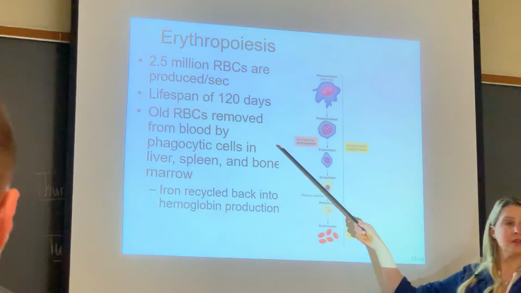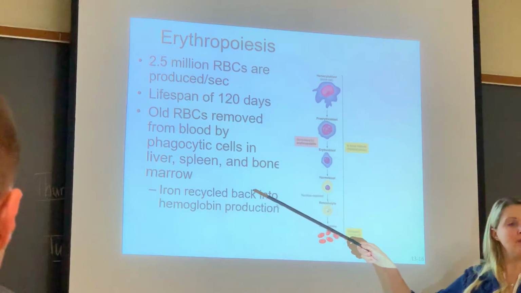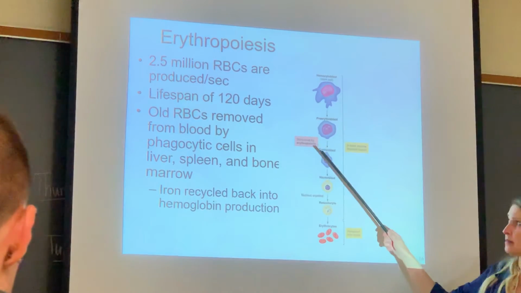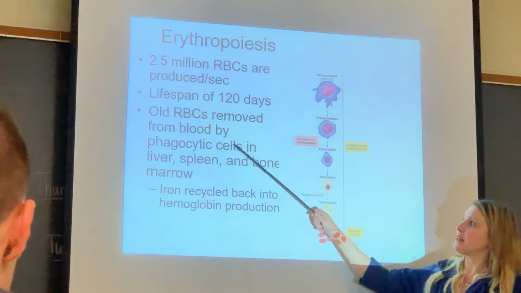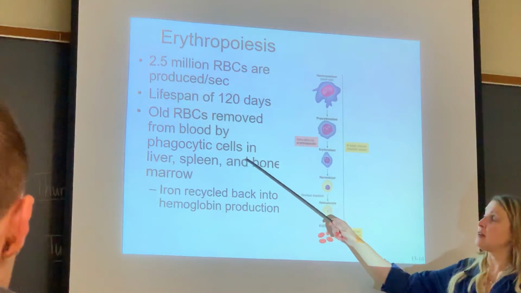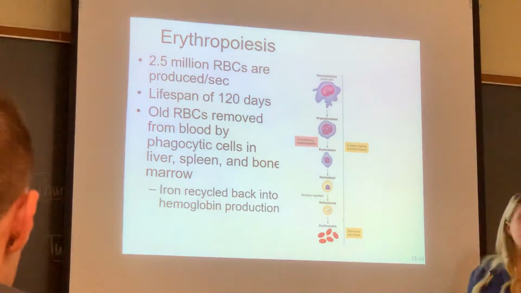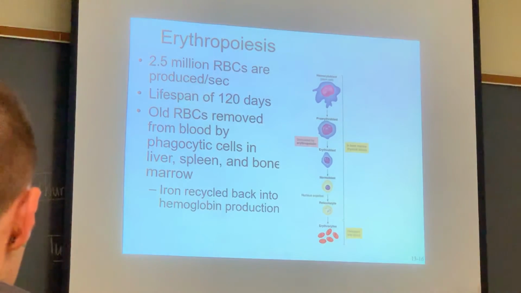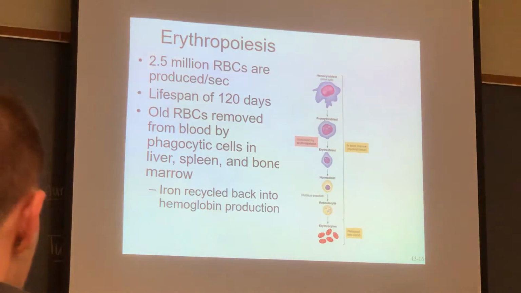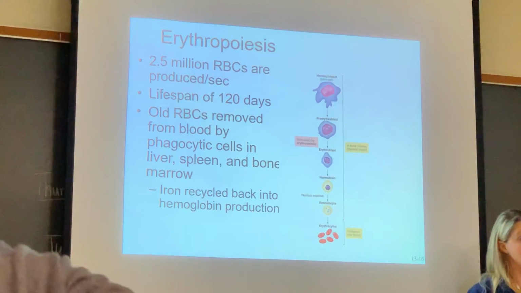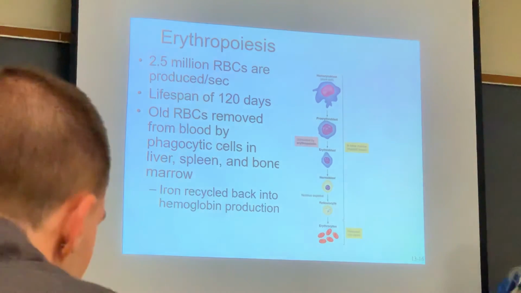We did talk about in the last class how red blood cells die, and what happens to the components of hemoglobin and those types of things. The old red blood cells are removed from the blood by phagocytic cells in the liver, spleen, and bone marrow. And we know that globin is hydrolyzed. The heme is usually going to be degraded into stercobilin, which is the brown pigment. Remember in feces, we talked about that.